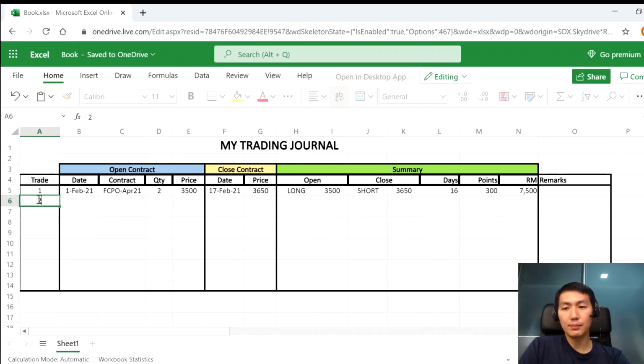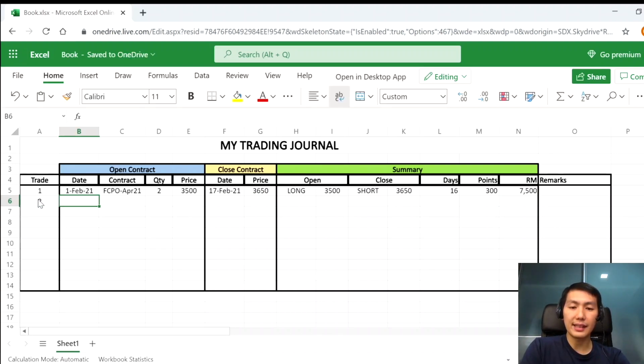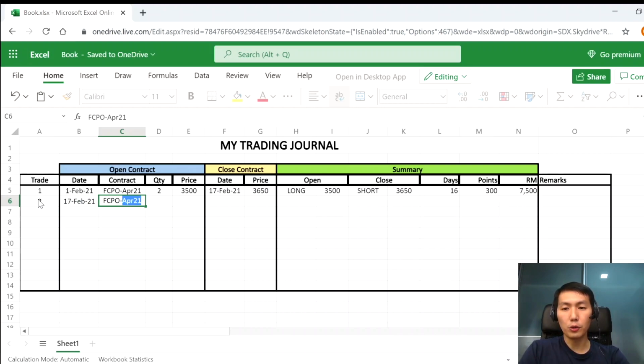This trade is my second trade, where I actually entered my second trade on 17th of February 2021, which is the FCPO contract for the third available month from 17 Feb, which is the May contract that I would be trading. And let's say now I want to do a short position.